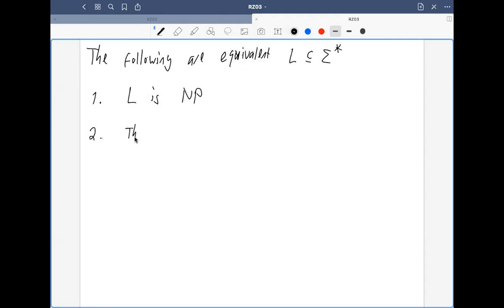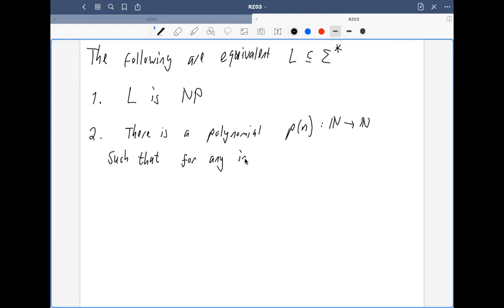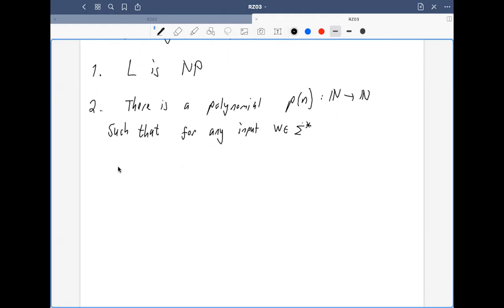So we ask for there to be a polynomial P of n, such that, and we'll base this on natural numbers, for any input word W from the input alphabet, the following are equivalent.